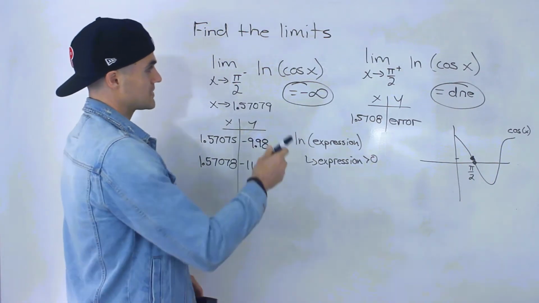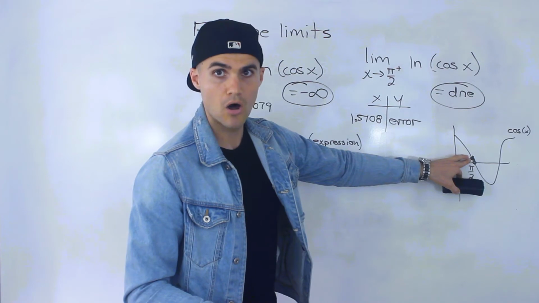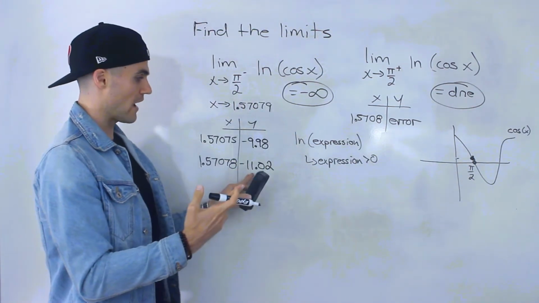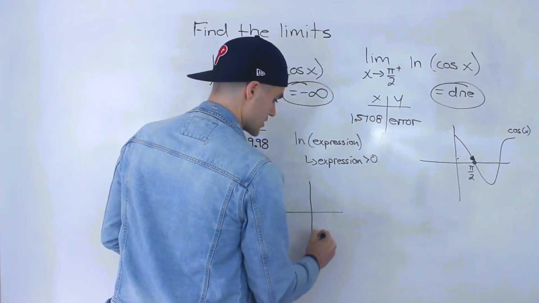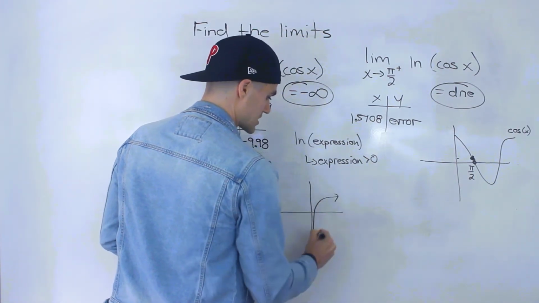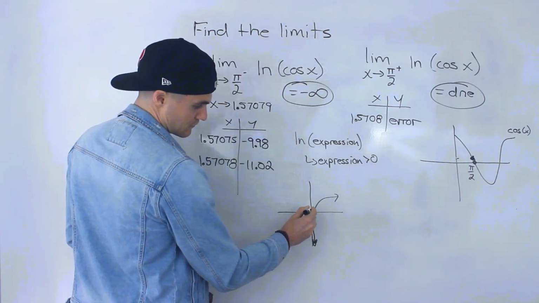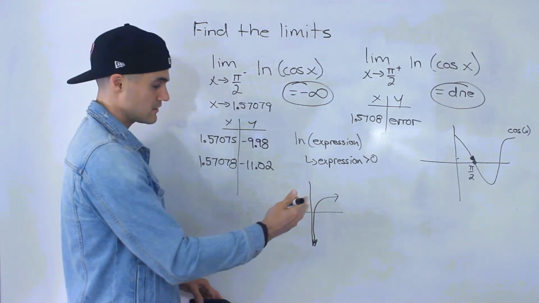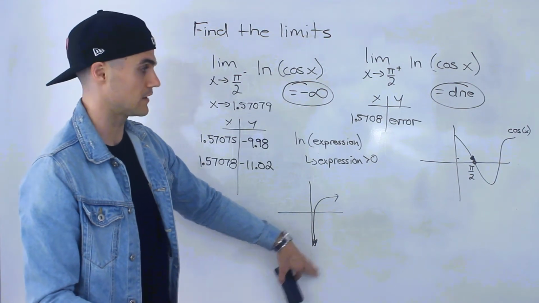They're going to be positive, but they're going to be really, really small. So whenever you're lnning a small positive number, the y values are going to go towards negative infinity. Because if you remember, ln x in general looks like this. So any of those values that are small but positive, the y values are going towards negative infinity.